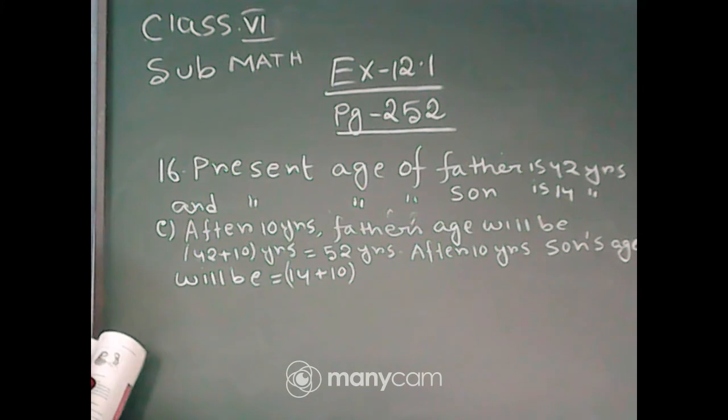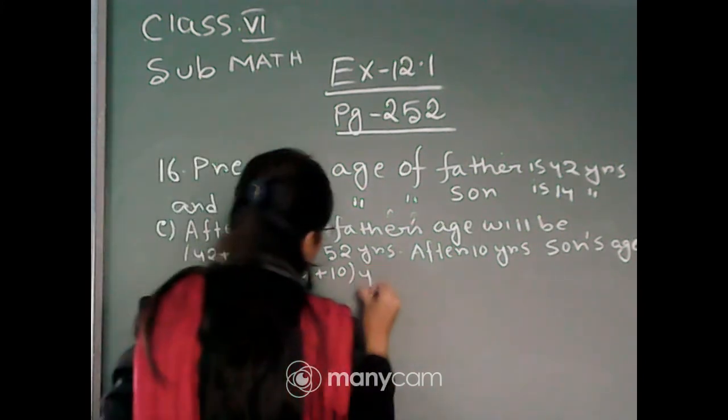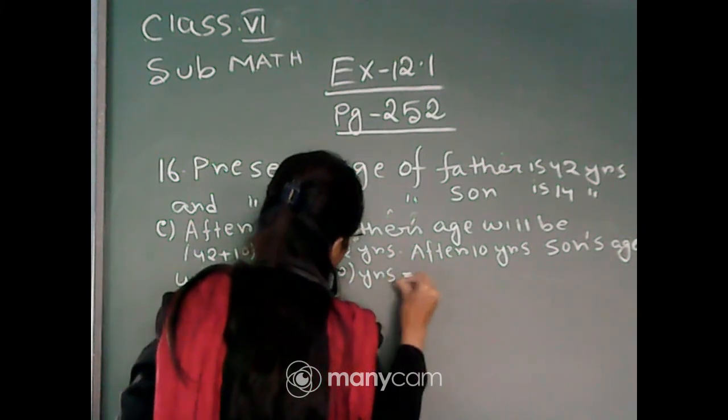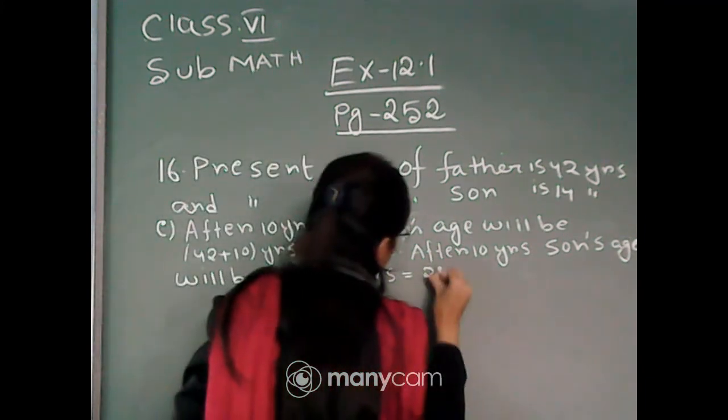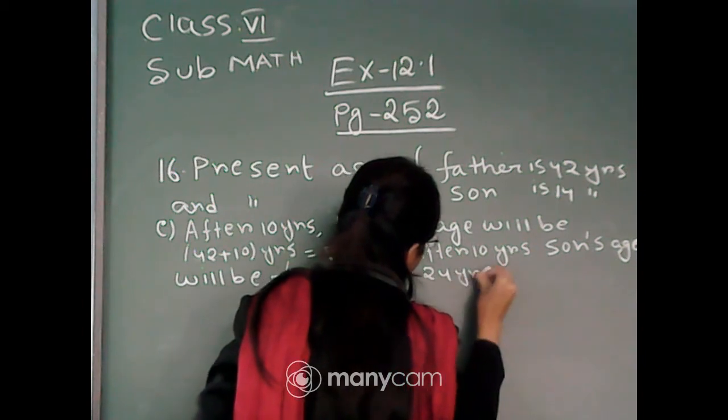So after 10 years son's age will be 14 plus 10 years, that is 24 years. Okay.